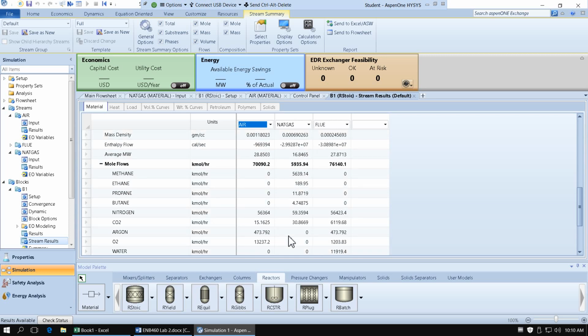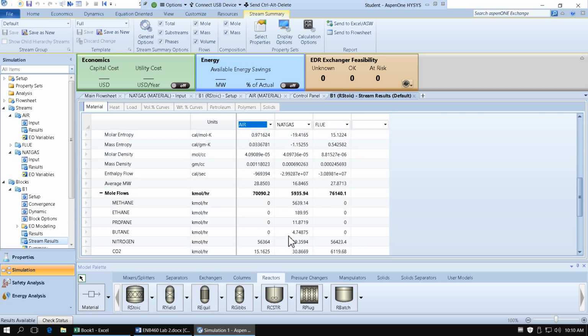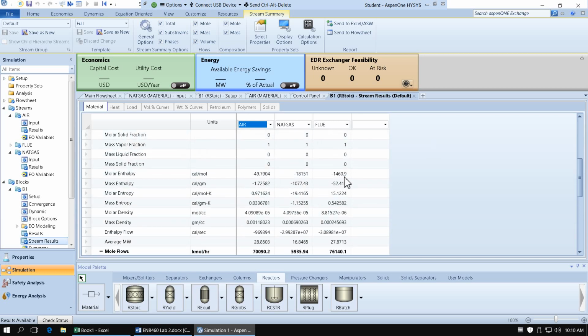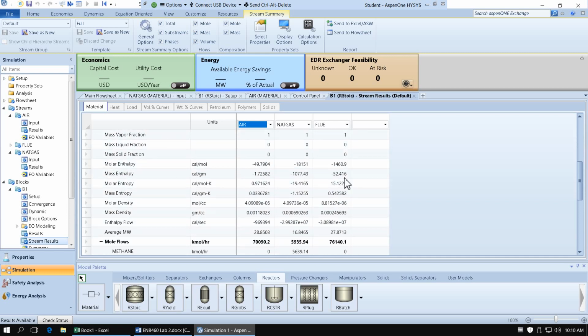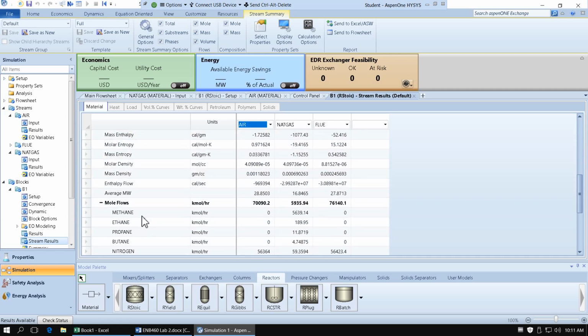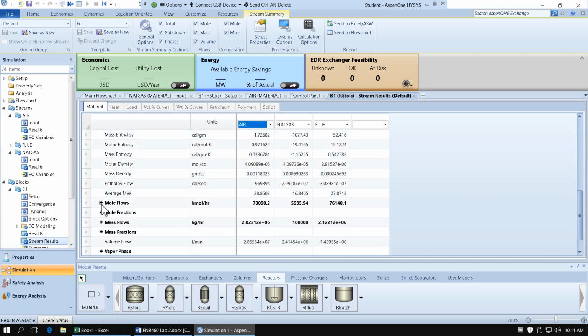We have to look at flue gas from reactor, which is this. We have to specify the flow rate in tons per hour, and we have that here as flows. But it's in kilograms per hour, so let me just change that to tons per hour. And we have 2122.12.